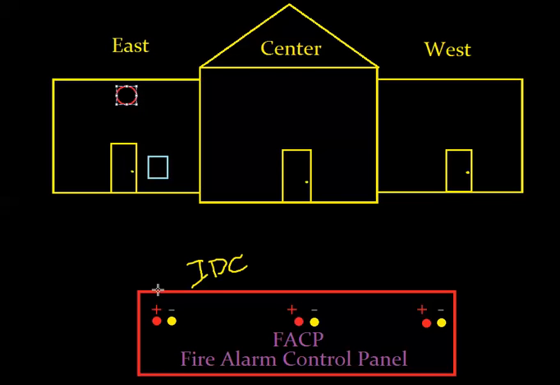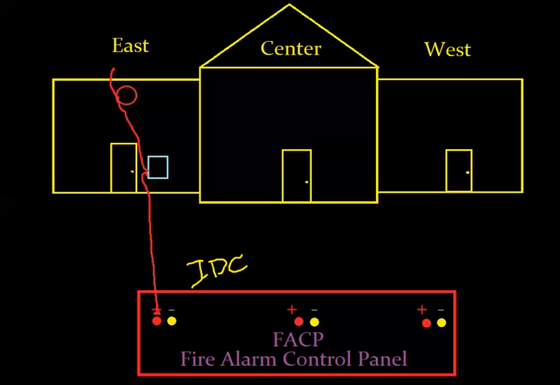Okay, right now I'm drawing the wiring. So imagine that this red wire is the positive side of my circuit. It's going to go to the pull station. It's going to go out of the pull station to the smoke detector. And it's going to go up here for right now, and I'll explain that in a little bit.